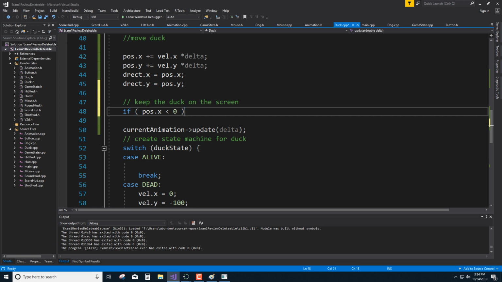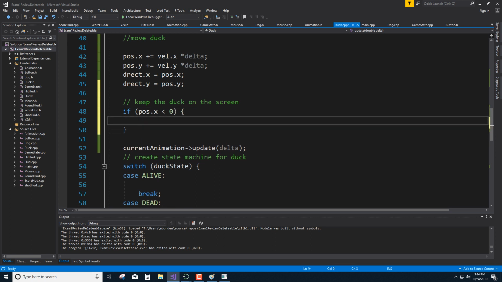What does this say right here? If it goes past the border, it'll... If it goes past which border? The left. Okay, yeah, if we're going off the left side of the screen, what do we want to happen here? Bounce back, go the opposite direction.